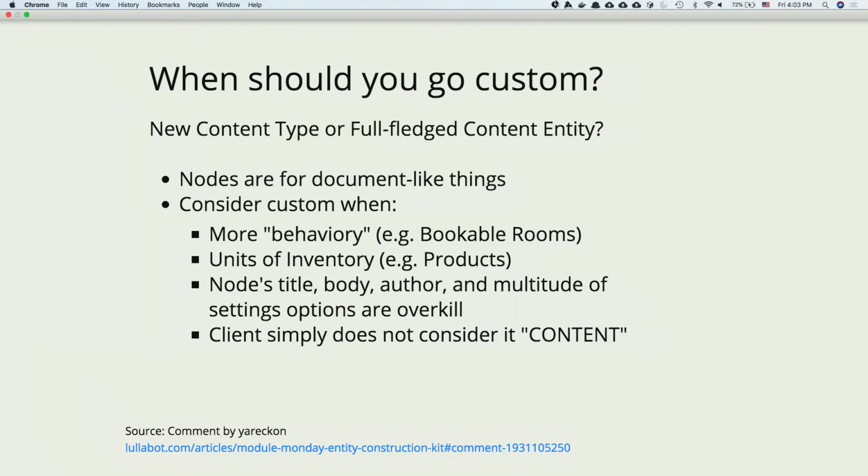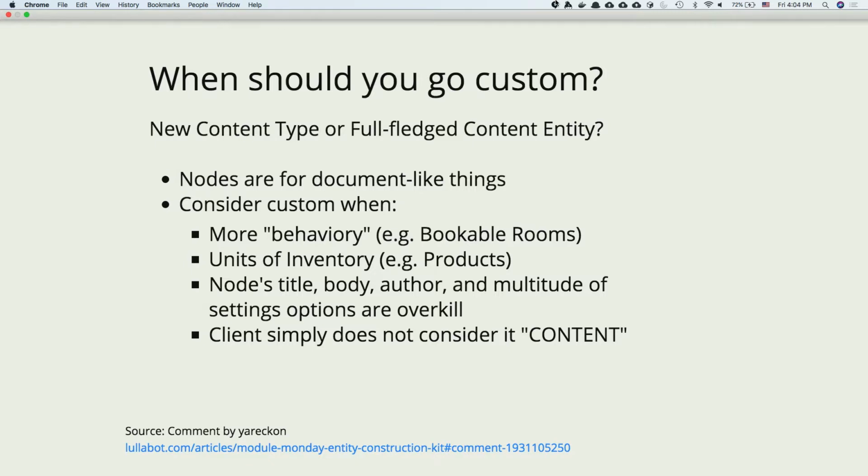However, funny enough, there's lots of times when we don't even use a large portion of those settings and options when we're working with content types anyways, such as push to front page or any of the other options. So the argument really can be made even on that particular point.